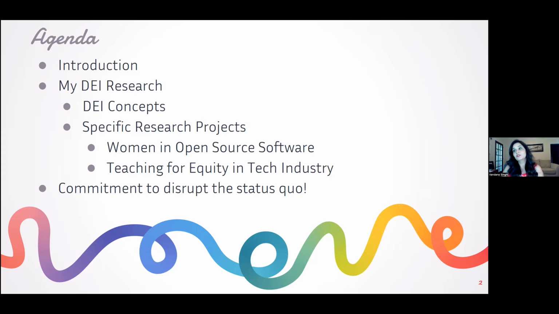And then I'll share with you some of the research projects that I've done about women in open source software, about marginalized populations in open source software. And then I'll also share one project in particular that I'm working on, which is about teaching for equity in tech. So the course that I'm teaching currently, which is about educating better citizens for the tech industry for the future. So I'll share that as well.